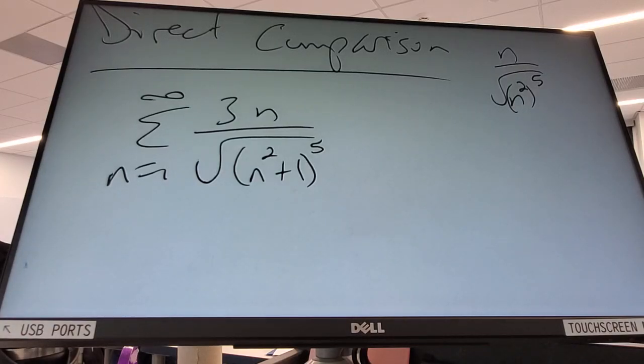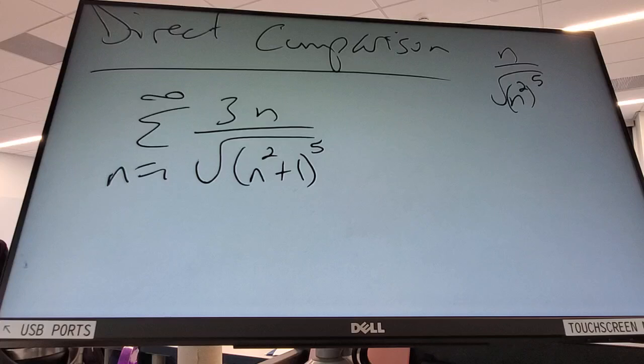So how does direct comparison work? What do I need to know before I can start the process? What were the two things that could happen? I either need to find a floor, and then it goes to infinity, meaning I have to have an idea that the series diverges. Or I need a ceiling, so I have to have an idea that it converges. So I have to go into this having a good guess.